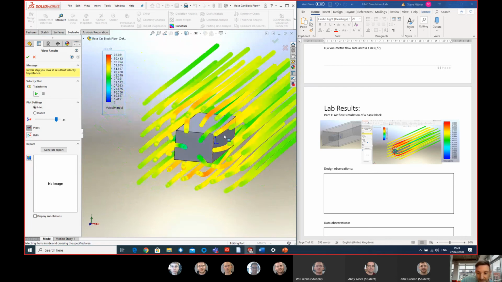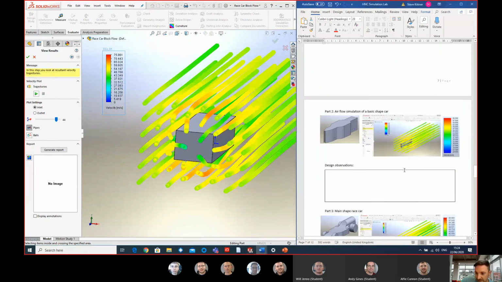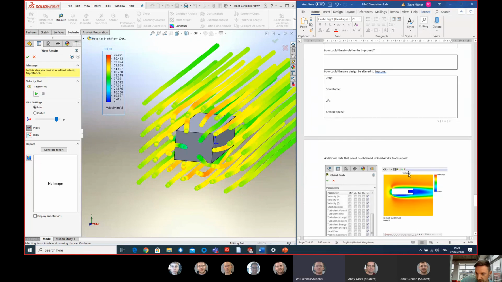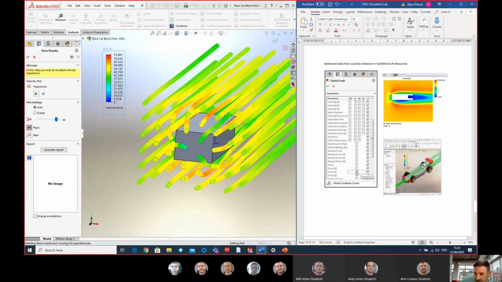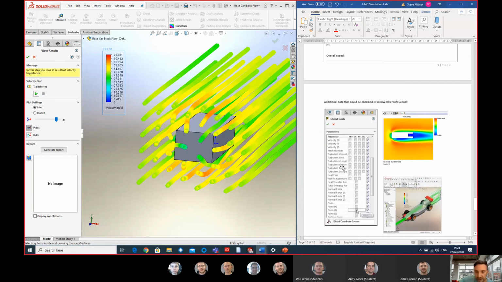So all this is showing me is the velocity change. However, on the full version, I think if I scroll down here, I did show this. There we go. I didn't put it in there, but yes, you can show the temperature changes, the rate of temperature change. You can show friction changes, all the different forces and all the velocities. And all we've got up here is these couple of velocities that we can look at.